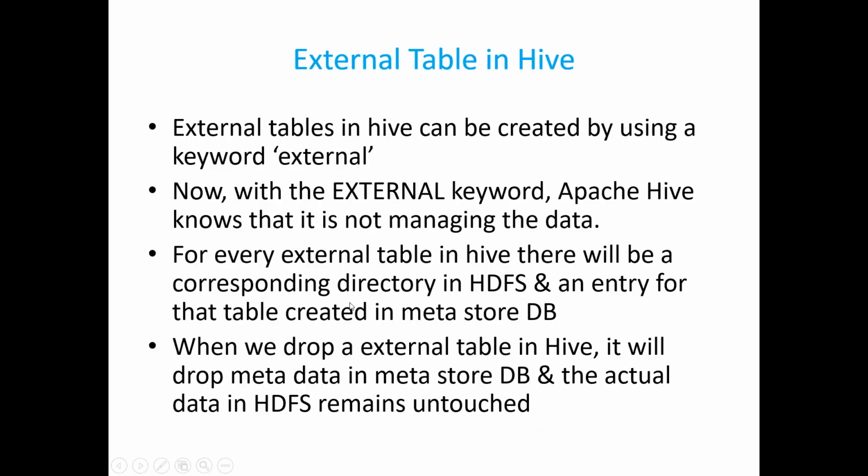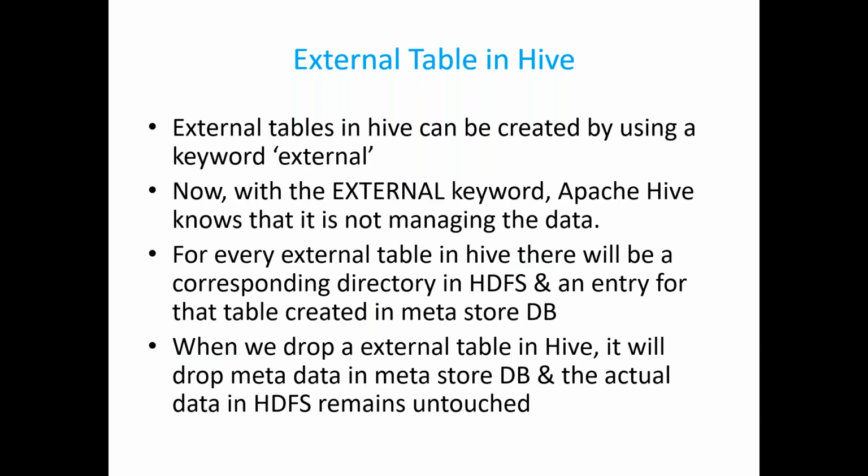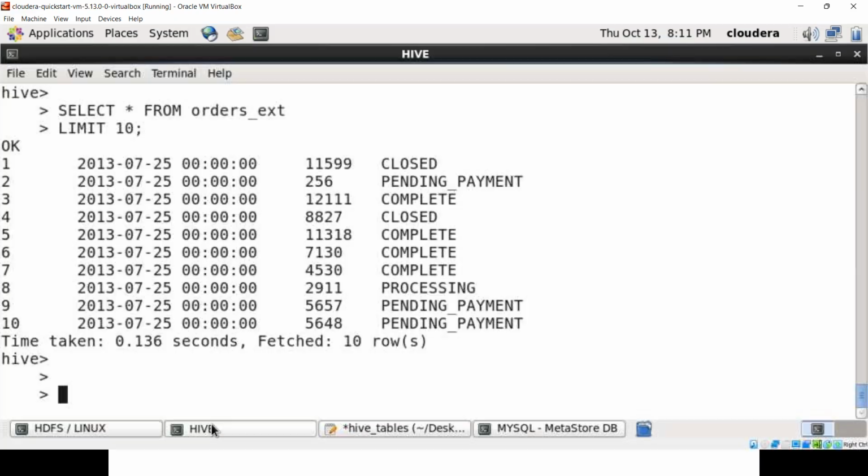So we have seen that whenever you create an external table in Hive, it will create the corresponding directory in HDFS, which is nothing but your actual data, and the metadata is created in the metastore DB. Now comes the question, what will happen when you drop an external table? Let's do that. I'll go to the Hive terminal, show tables.